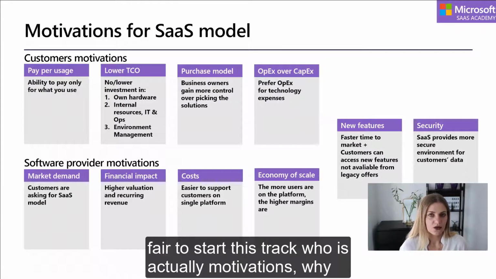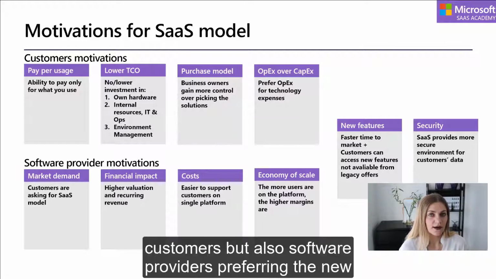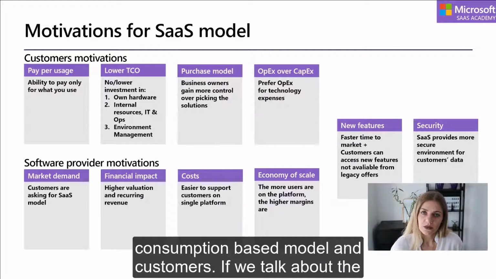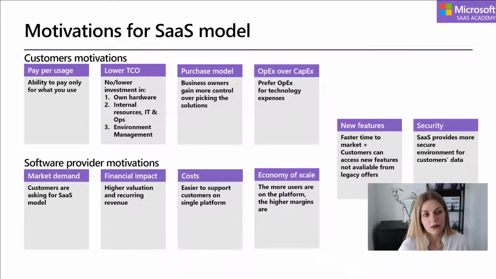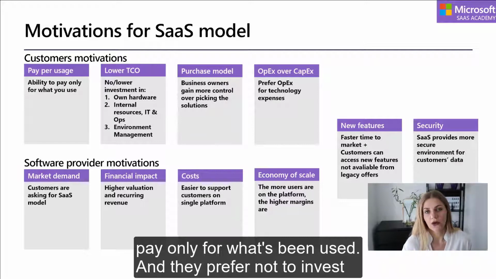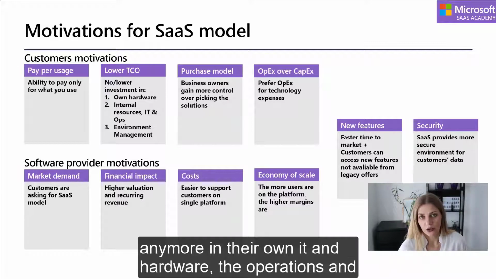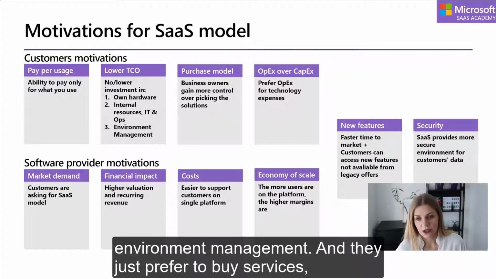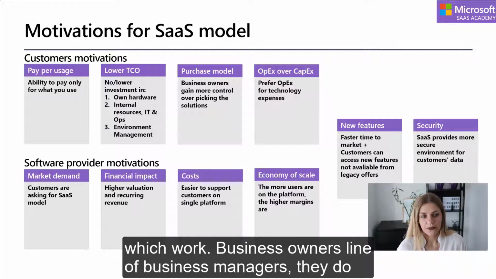But I think it's fair to start this track with motivations: why customers, but also software providers, prefer the new consumption-based model. If we talk about the motivations for the customers, first of all, they prefer to pay only for what's been used. And they prefer not to invest any more in their own IT and hardware, the operations and environment management, they just prefer to buy services which work.